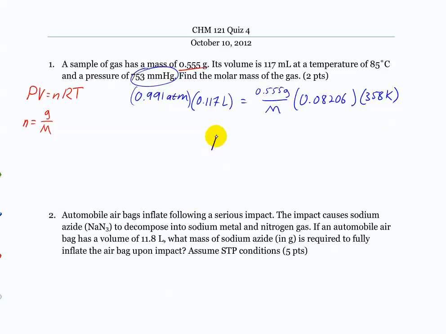Okay? Solve for M. Something like 141 grams per mole. You can get there other ways, right? You could solve for moles and then figure it out from there.